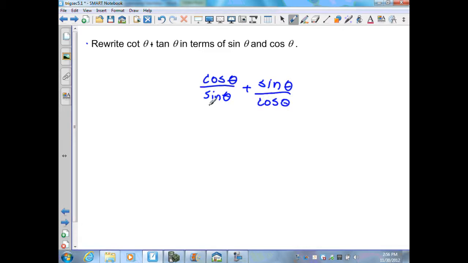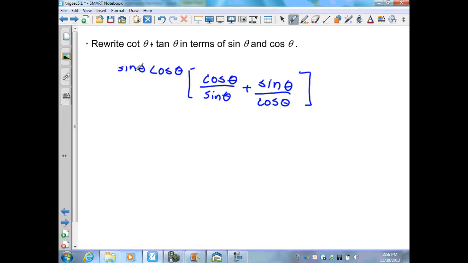Now I need to simplify this expression by finding like terms. Here, my like terms are going to be sine theta and cosine theta. So I need to multiply the numerator by sine theta, cosine theta on each term. Here, sine theta, cosine theta times the first term.